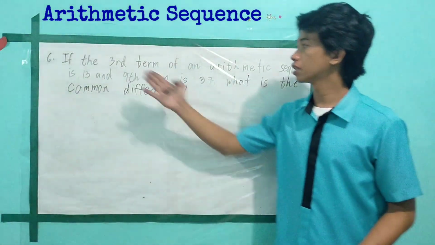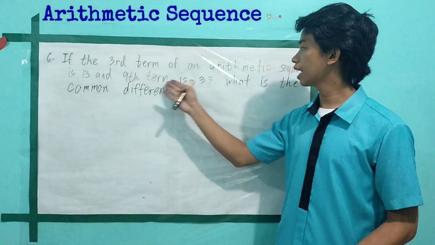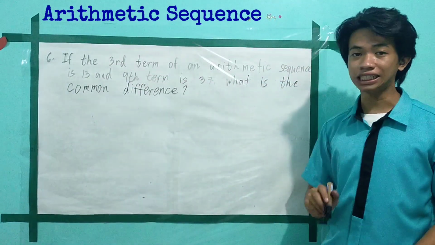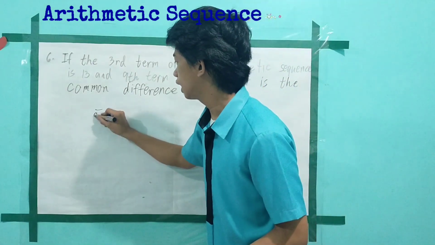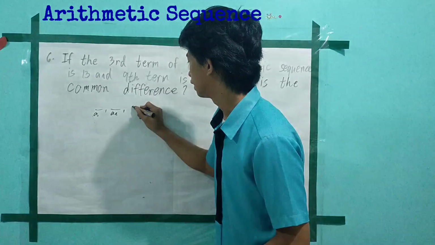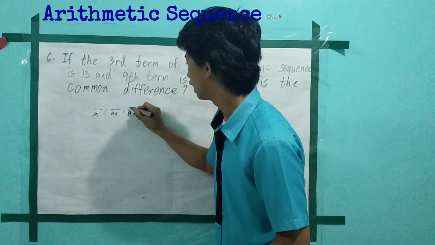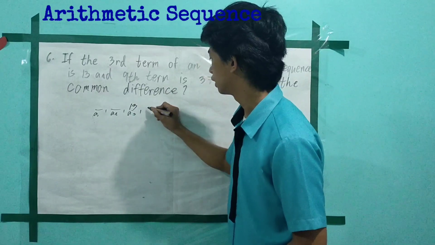Problem number 6. If the third term of an arithmetic sequence is 13 and the ninth term is 37, what is the common difference? So, illustrate muna natin. A sub 1, A sub 2, A sub 3. Ang A sub 3 natin is equal to 13. Ayan.